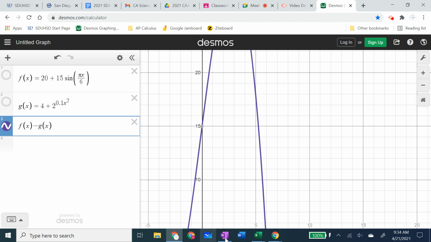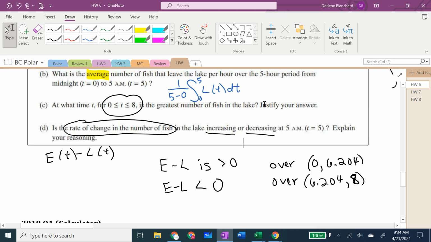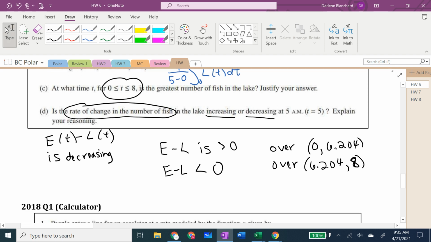So f minus g is decreasing, but you have to explain how you know. It is decreasing because, and you have to explain in derivatives. You don't want to say because this graph is heading down.